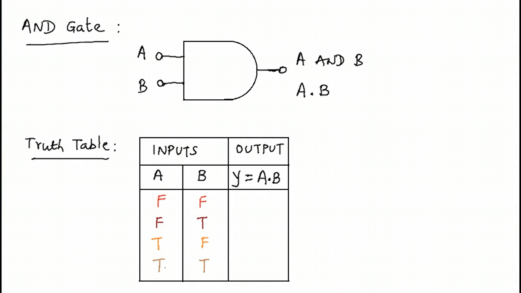Now note that this is a standard sequence of writing the permutations. When you write them in terms of the digits 0 and 1, false becomes 0 and true becomes 1. So you would be writing false false as 0 0, followed by 0 1, followed by 1 0, and finally followed by 1 1.